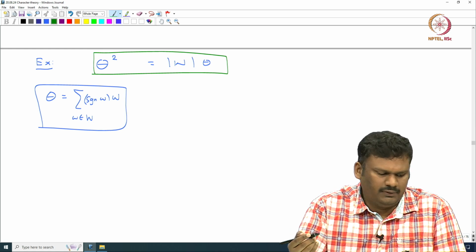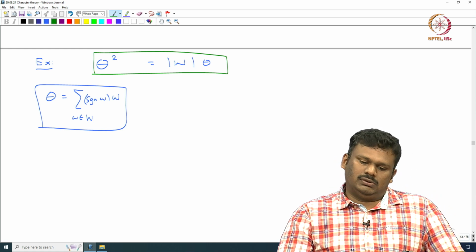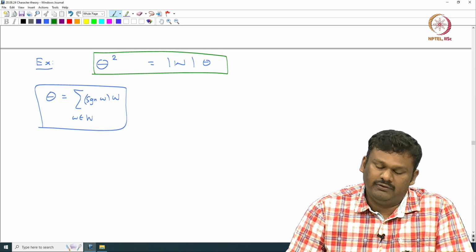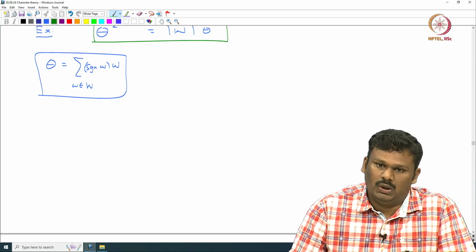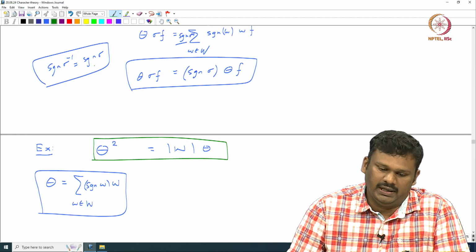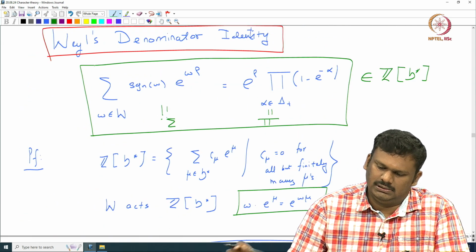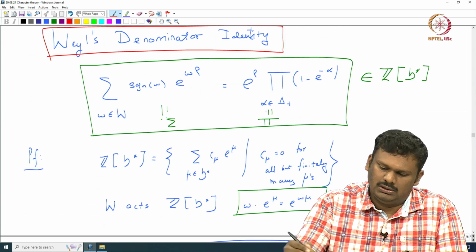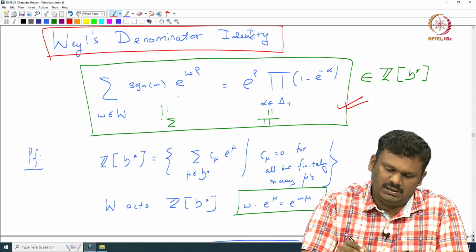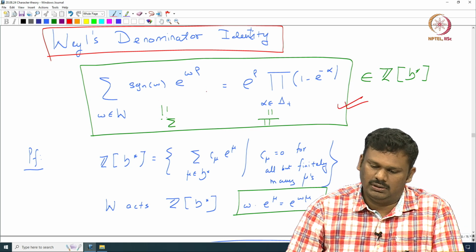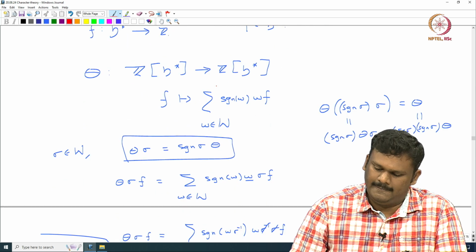So, now we will actually see how this product behaves. We want to say that the product is also alternating, because that is what is there on the left side. When you look at the denominator identity, this left side is actually alternating. So, that is what we should get on the right side as well.